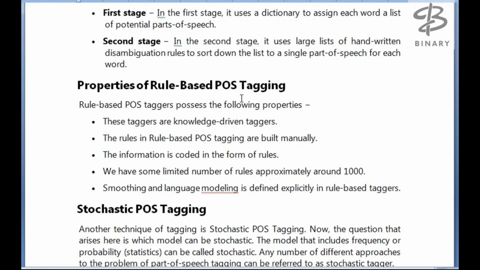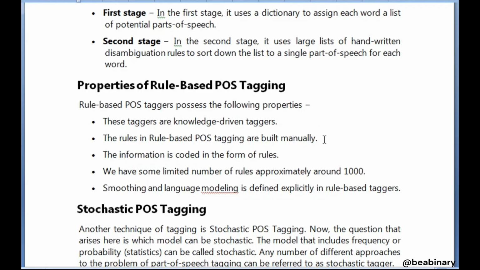So these are the taggers which we have to tag. The rule-based tagger has some properties. These taggers are knowledge-driven taggers. Second, rule-based POS tagging is built manually.